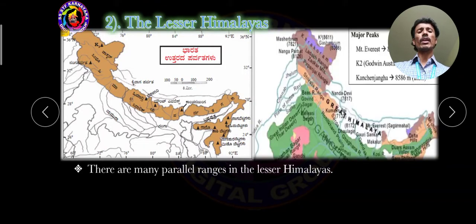So there are many parallel ranges in the Lesser Himalayas. Some of the important ranges are there in the Lesser Himalayas.